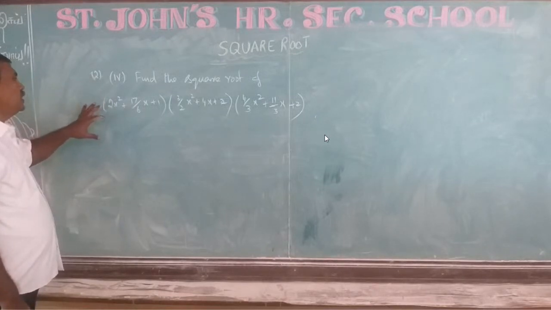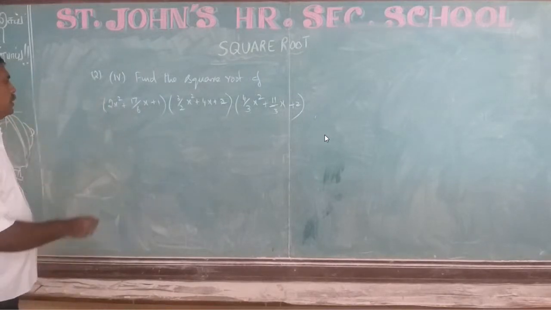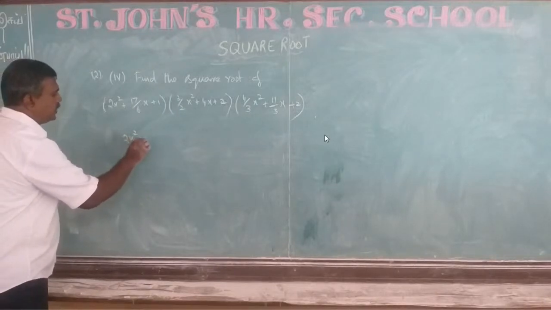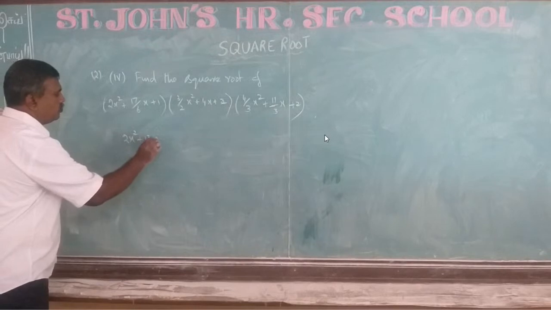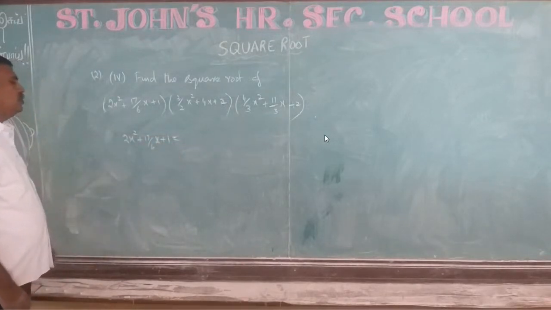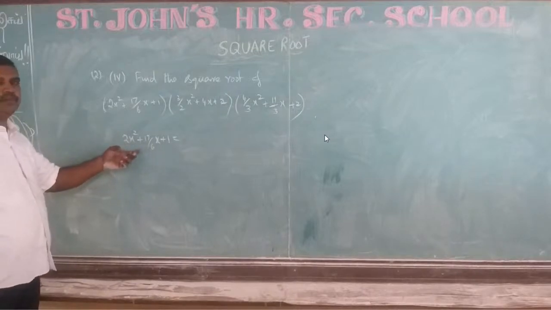Now we take the first expression, 2x squared plus 17 by 6 x plus 1. First we take the LCM.